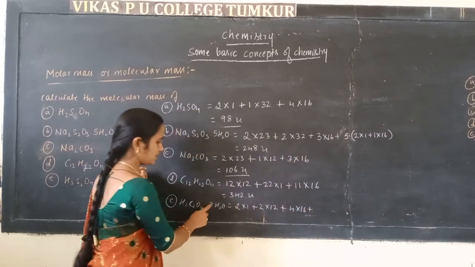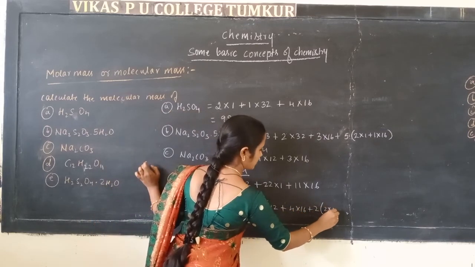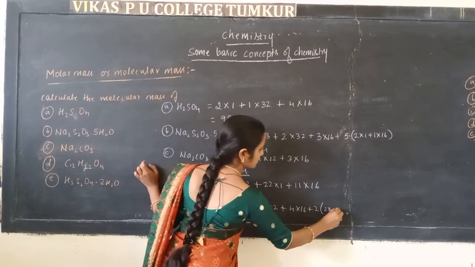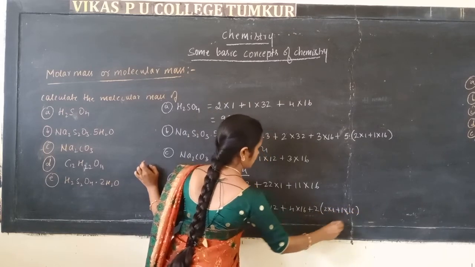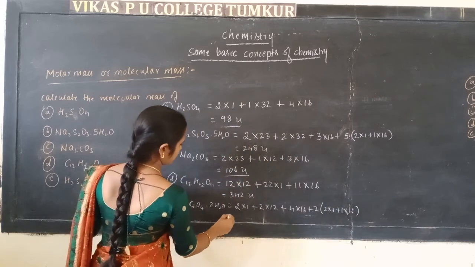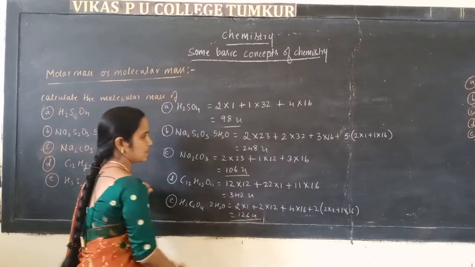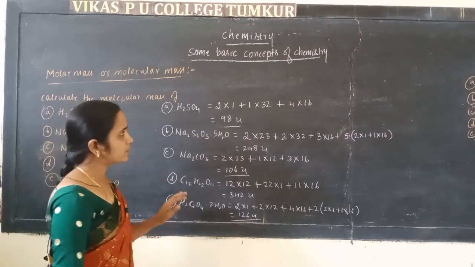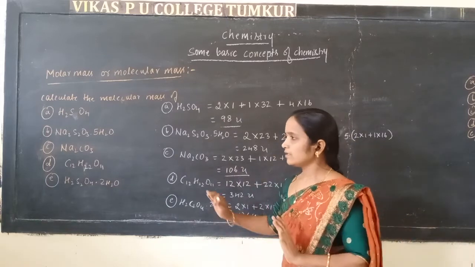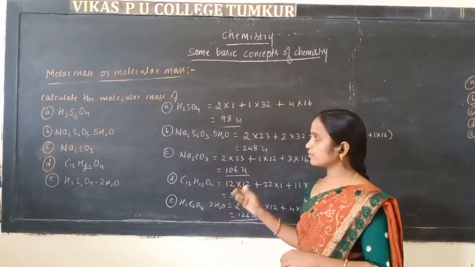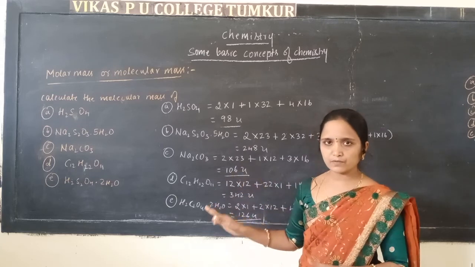Plus this 2 is common: 2 hydrogen atoms plus 1 oxygen, 1 into 16. Now calculating, we get 126 unified mass. This is how to calculate the molecular mass of the given compounds. This is the method we use.